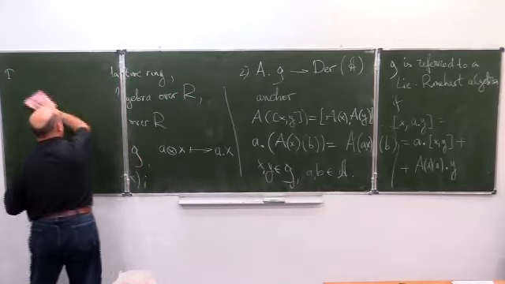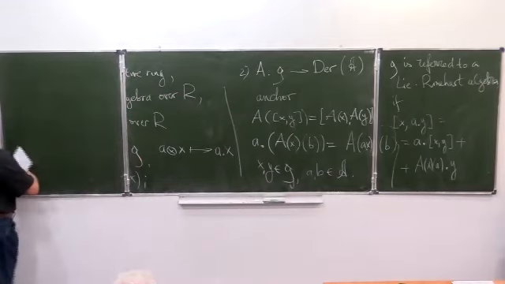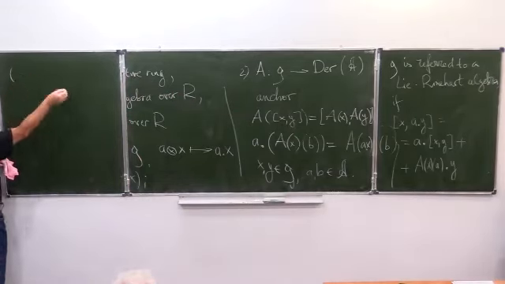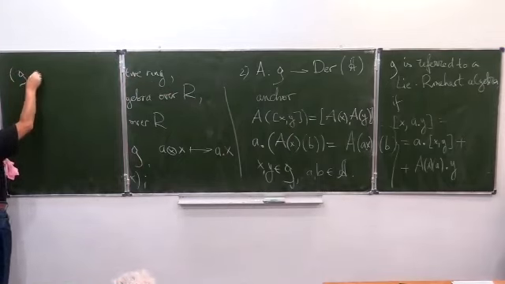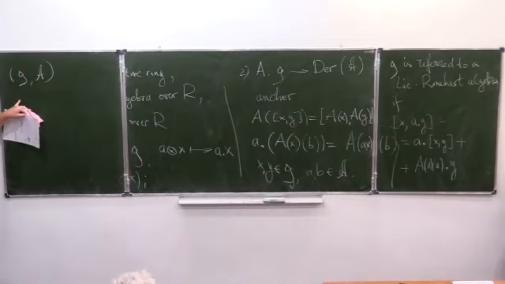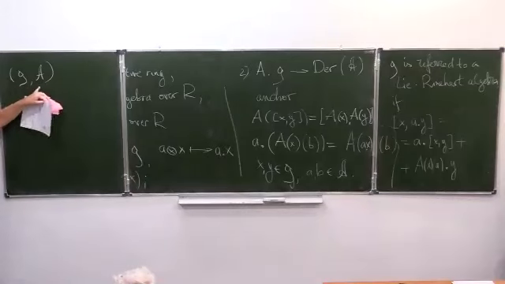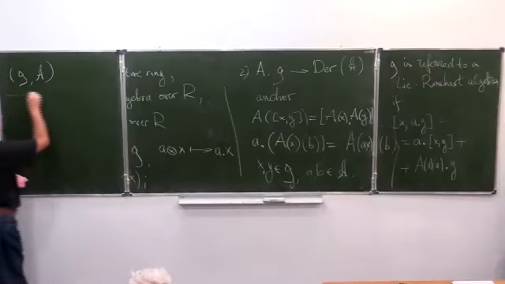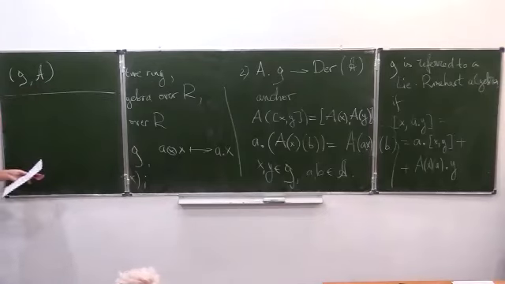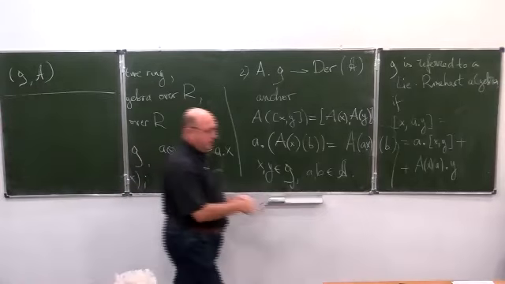I will use the following notation: this object will be denoted by the Lie algebra and the commutative algebra, since both will be extended. So it is more or less natural to denote them in this way.